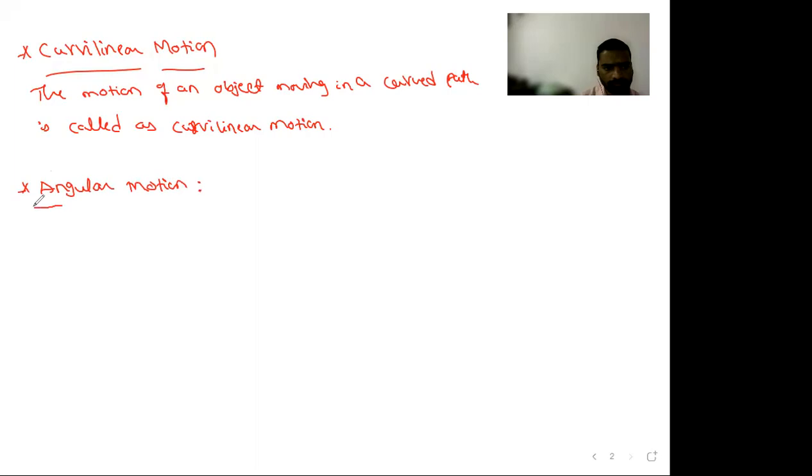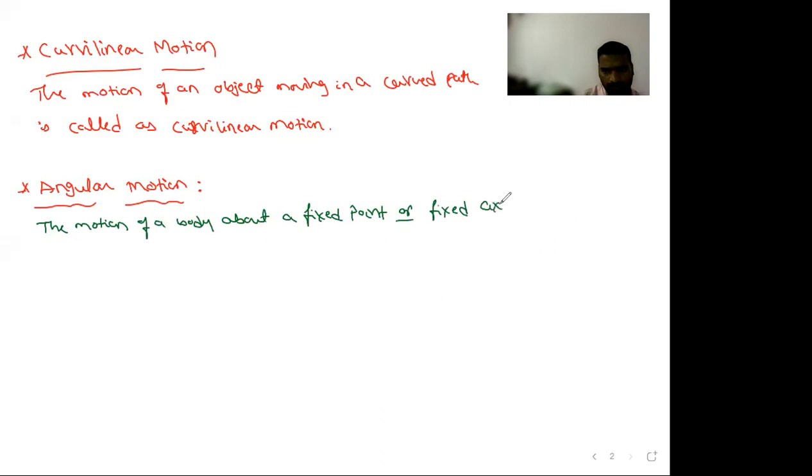Angular motion: the motion of a body about a fixed point or fixed axis, as of a planet.